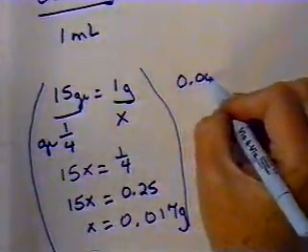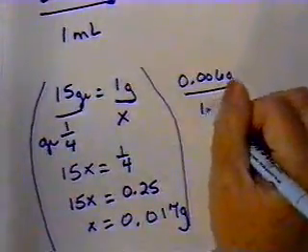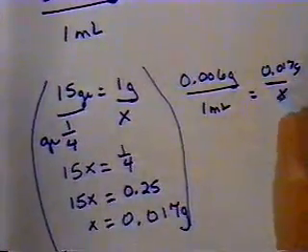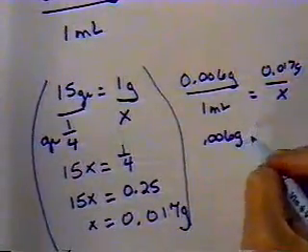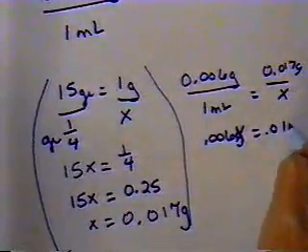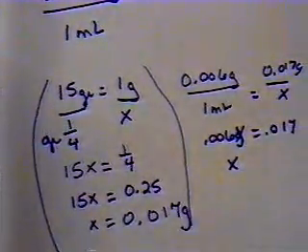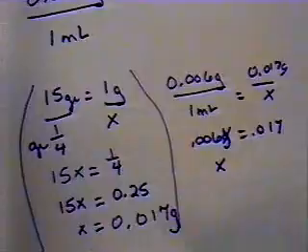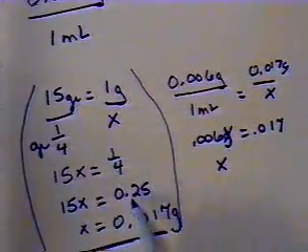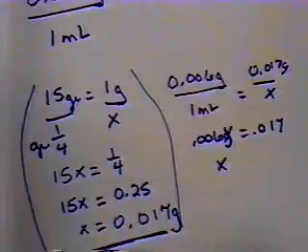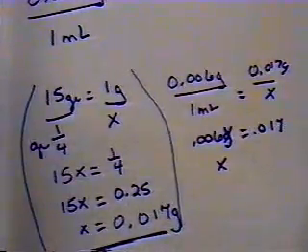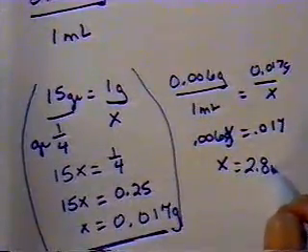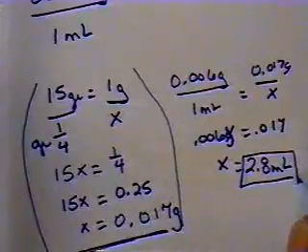So now if I have 0.006 grams, 0.017 grams, 0.006 gram, X. Okay, I took the 0.25 and divided it by 15, just to solve for X. And here I've got 2.8 milliliters.